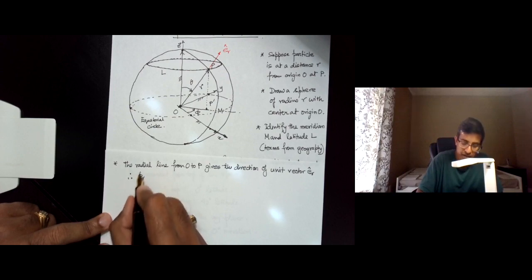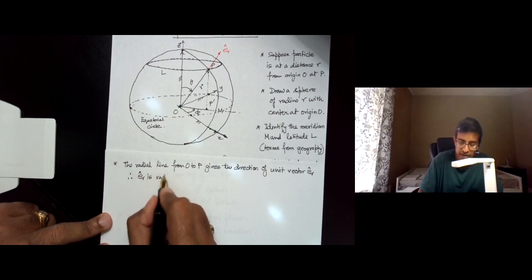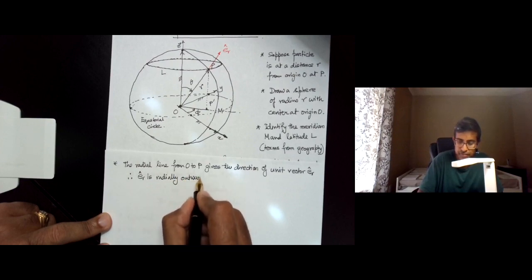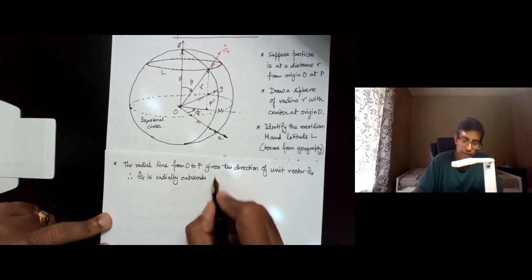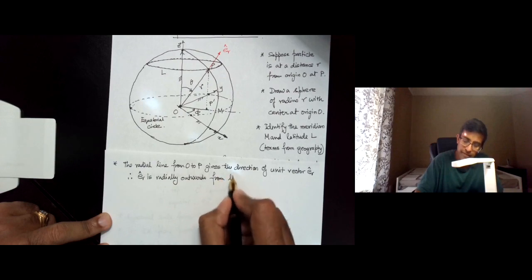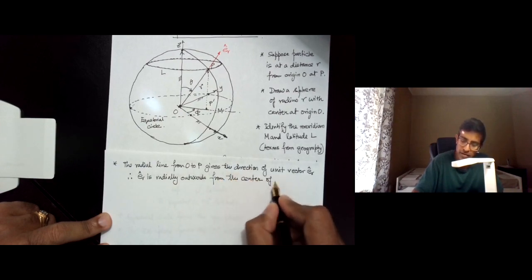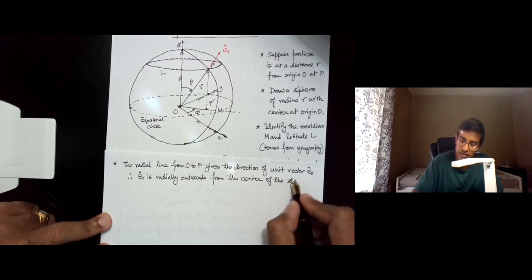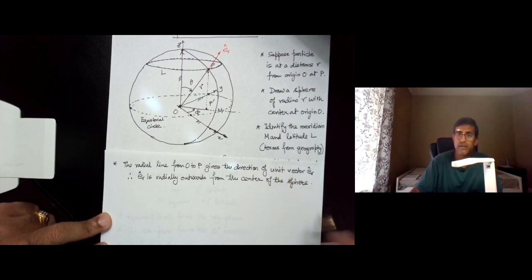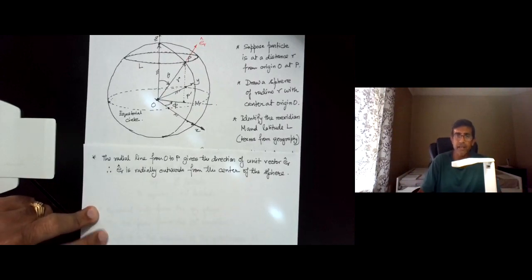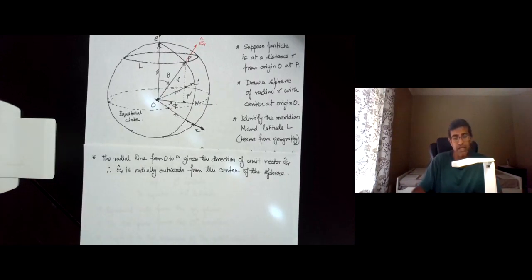Therefore ER is radially outwards from the center of the sphere. Right? So it is directed radially outwards from the center of the sphere.